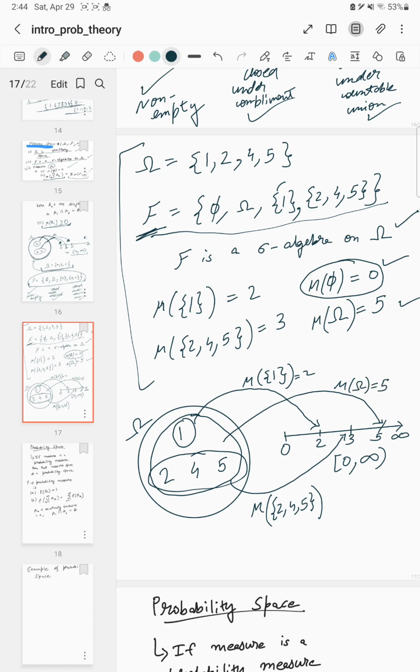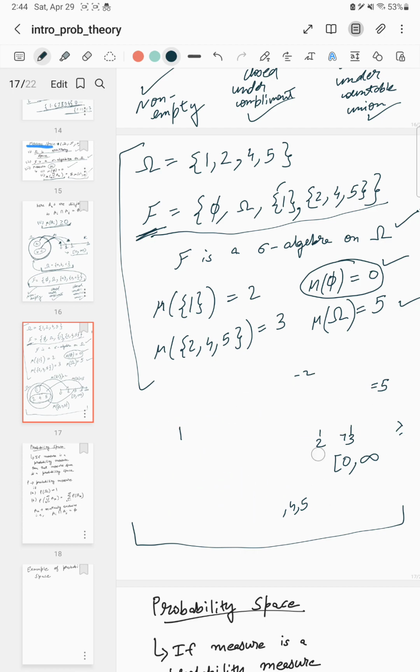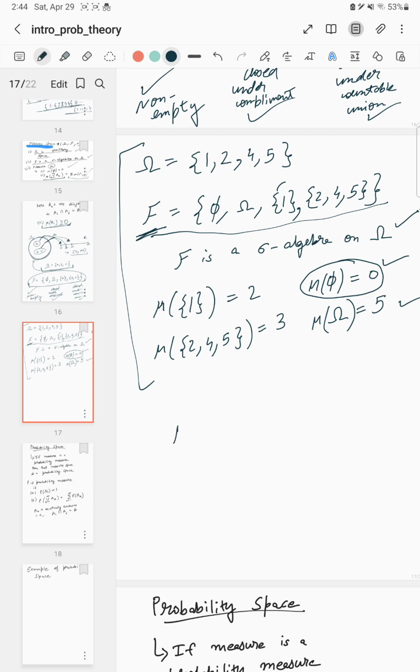Okay, so you can see this is an example of a measure space. So hence in this case, omega, F and mu forms a measure space.